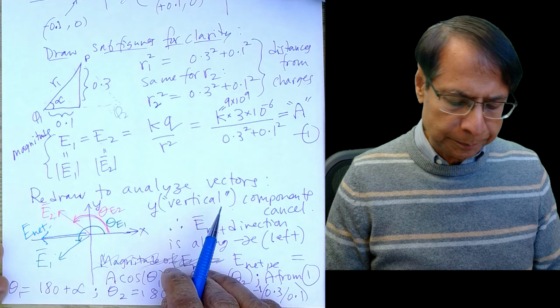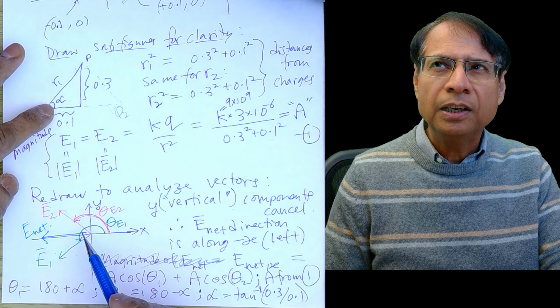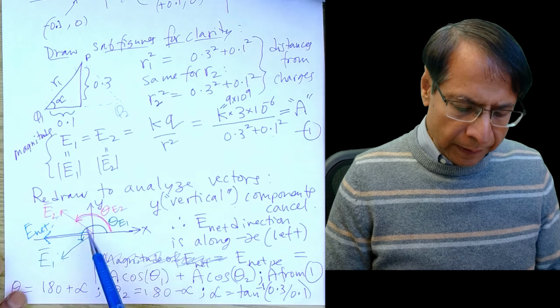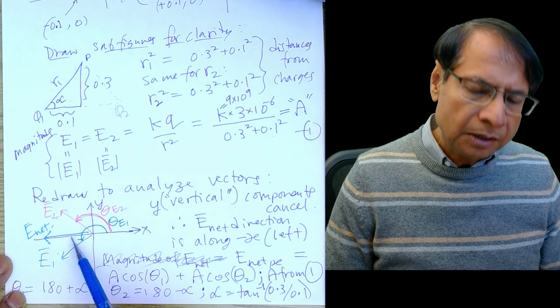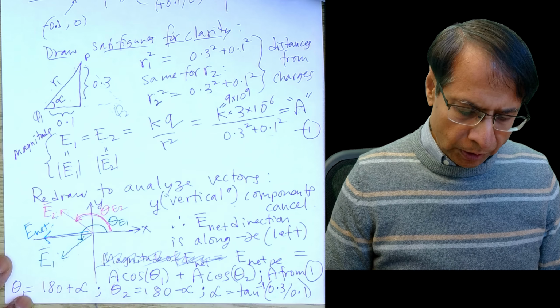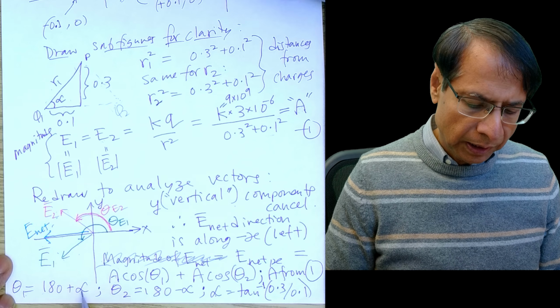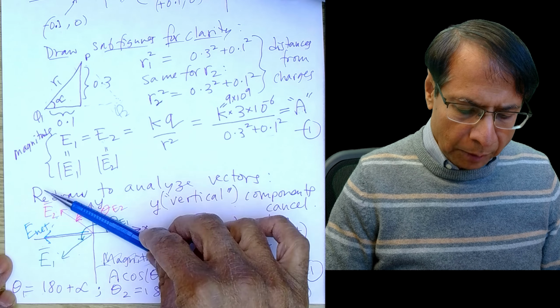So what I've done here, this angle over here, let me call this angle alpha. If this angle is alpha, then this green theta E1 is going to be 180 degrees plus alpha. For the other one, you have to back up by alpha.